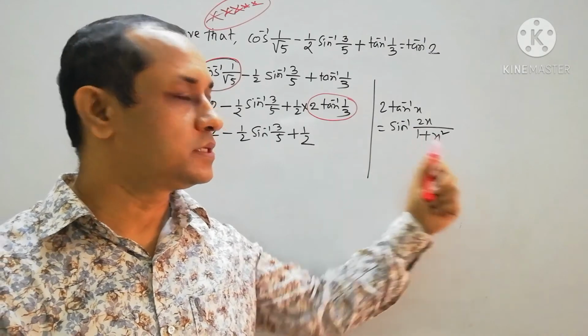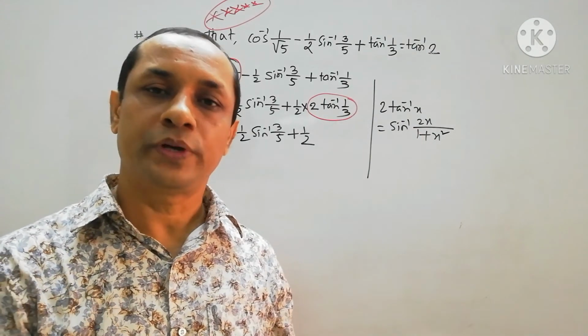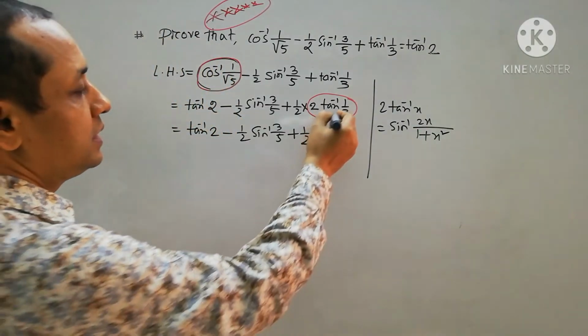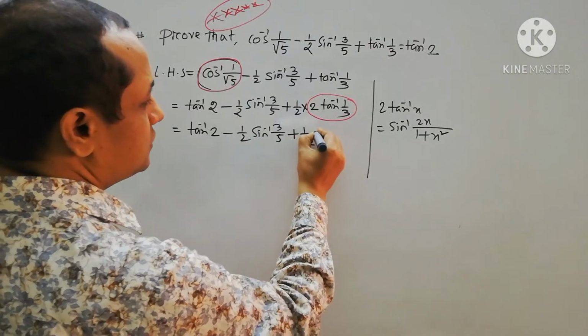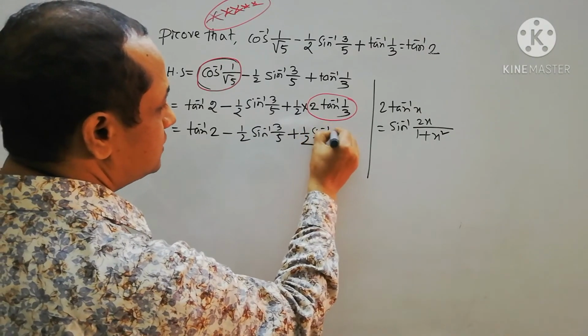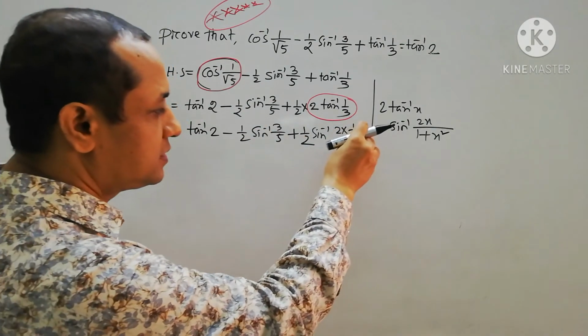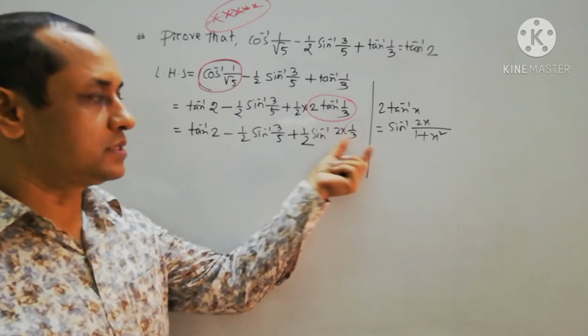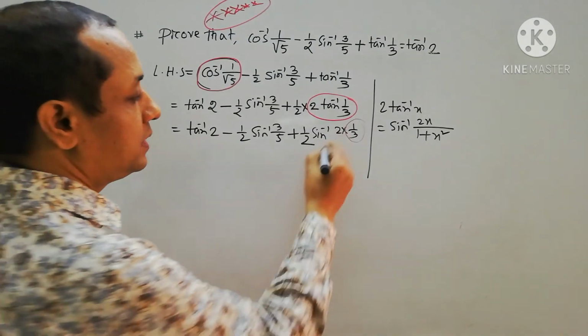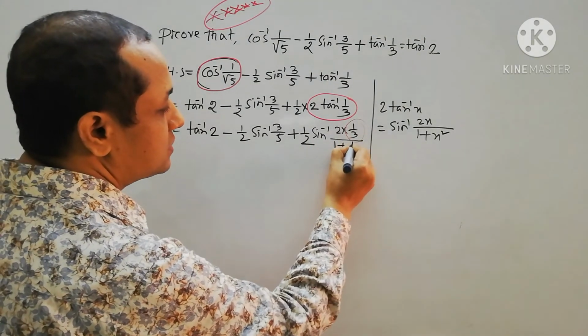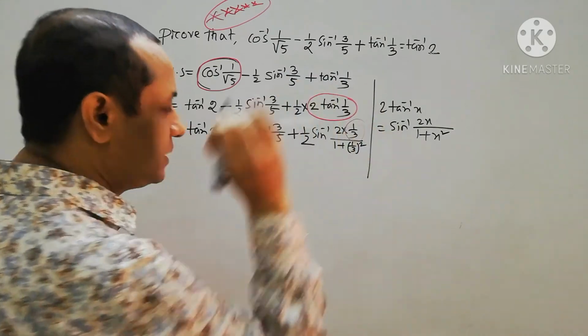Here x is 1 by 3. So using formula sin inverse 2x by 1 plus x square, here 2 into 1 by 3 by 1 plus x square, where x is 1 by 3.